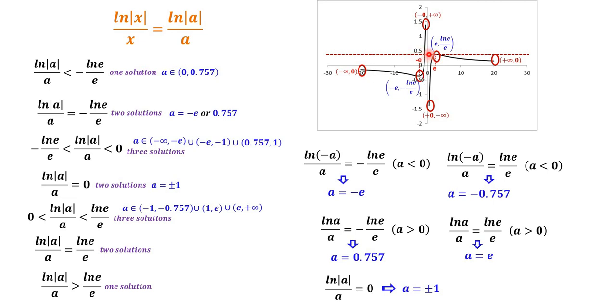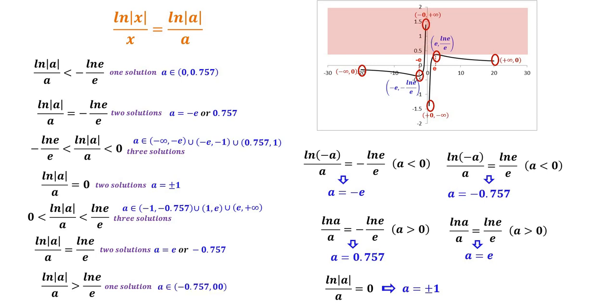And there are two values of A. So one is negative 0.757, and the other is positive E. Then when ln absolute A over A is greater than ln E over E, there's one solution when A is negative, in this range negative 0.757 to 0.